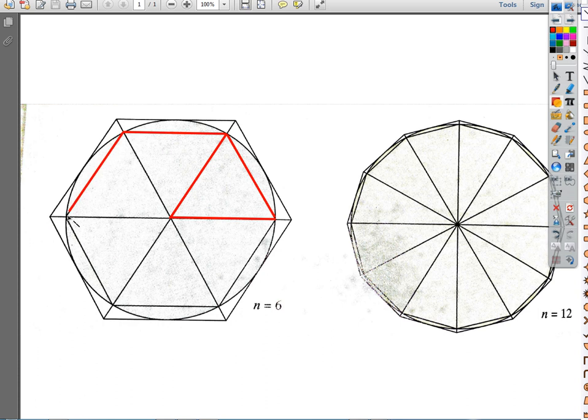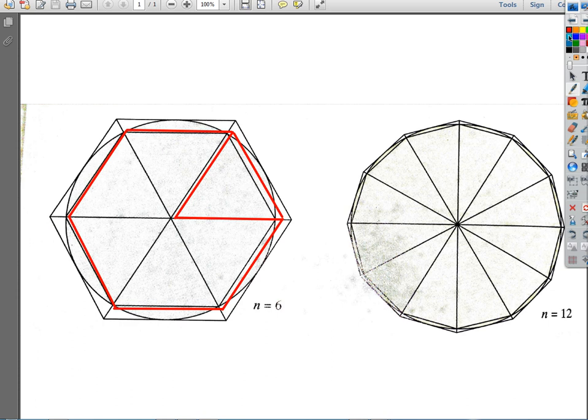And this red polygon that I'm drawing on the inside, this is an important calculus word. That's what we call the circumscribed, or excuse me, the inscribed. Whoops, got it backwards. That's the inscribed polygon.